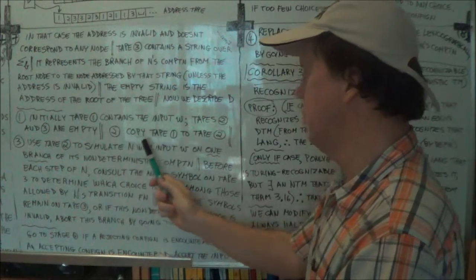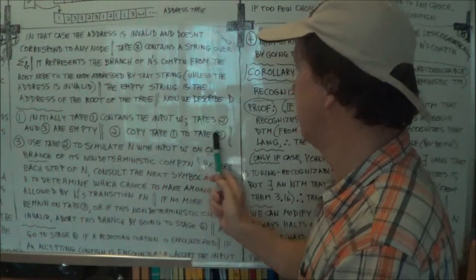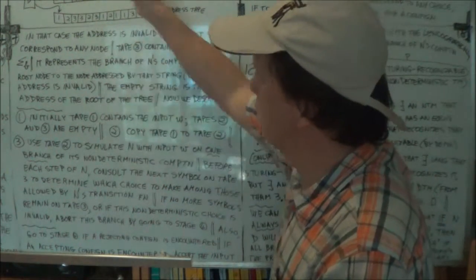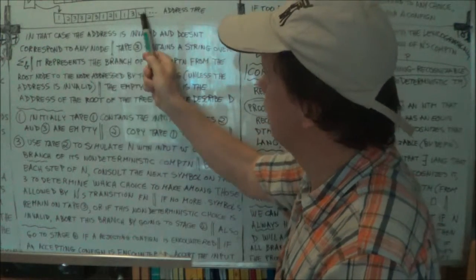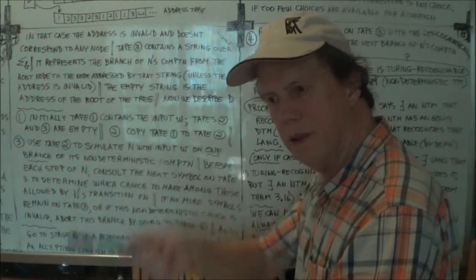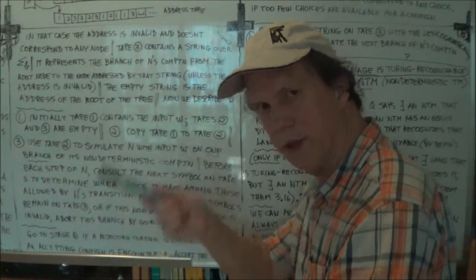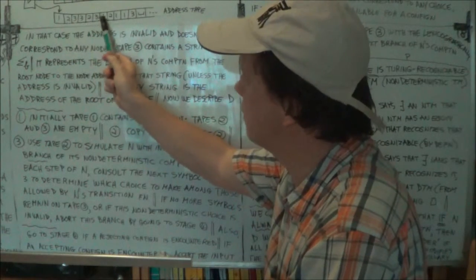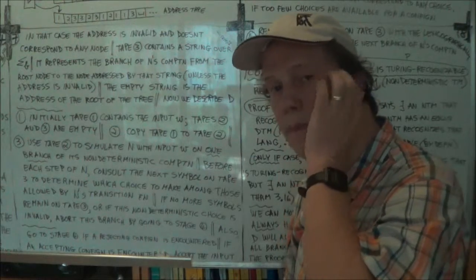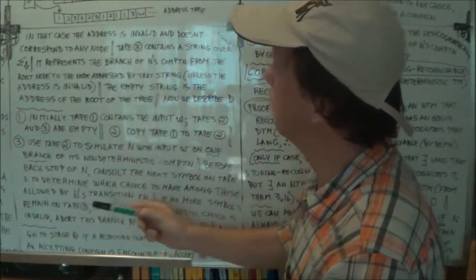Right, now stage 2. You've copied tape 1 into tape 2, okay? And remember, you're in a loop now where the loop is updating this address systematically, in numerical order or lexicographic order. But let's assume these symbols here are just integers, so numerical order. So you're inside a loop that's adding these up one by one.